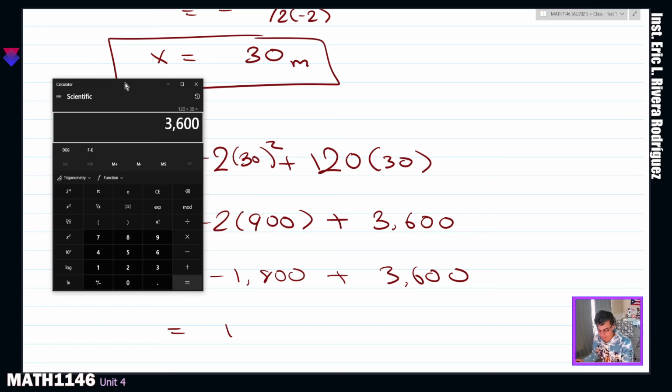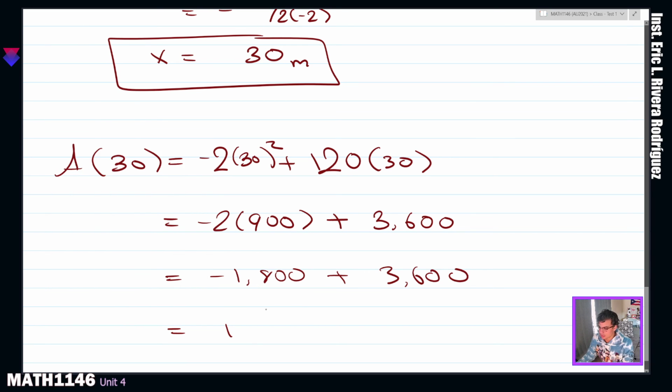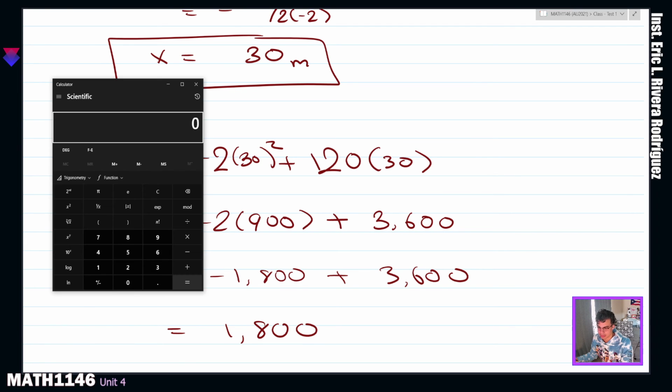Okay, perfect. And then obviously 2 times 900 is 18. 30 times 30 is 900. Okay, that's correct. And this is just 1,800. And we can verify that with the calculator.